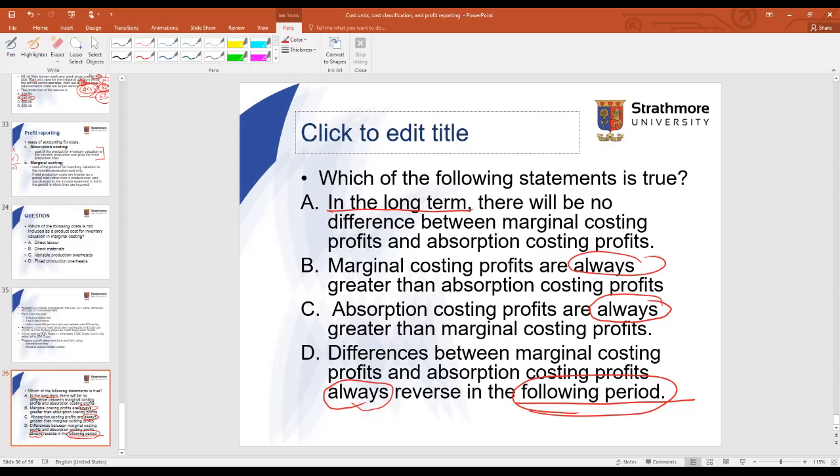Clear there? The difference in the short term is caused by the difference in the units of closing and opening stock. In the long term, let's take a hypothetical case. Now the company is closing down, it has come to its end of life.